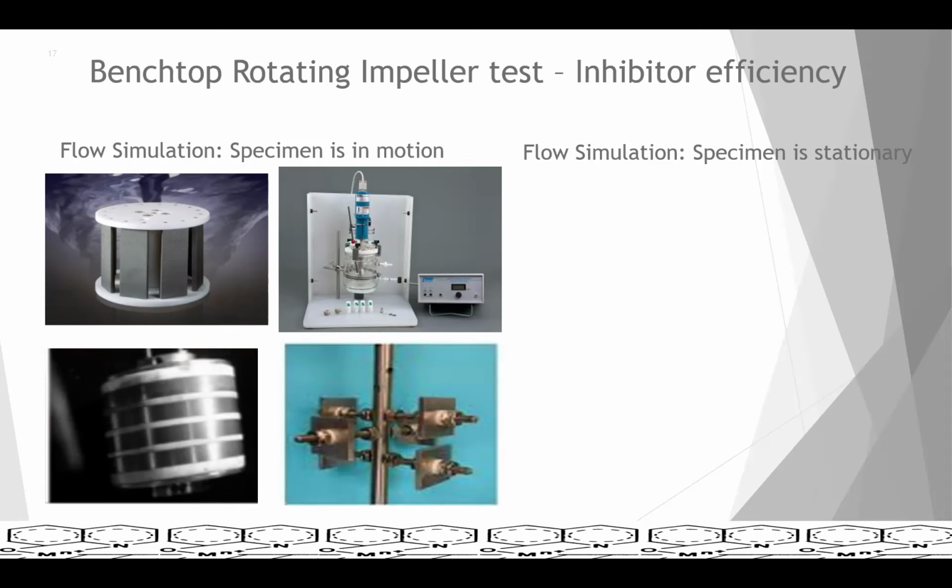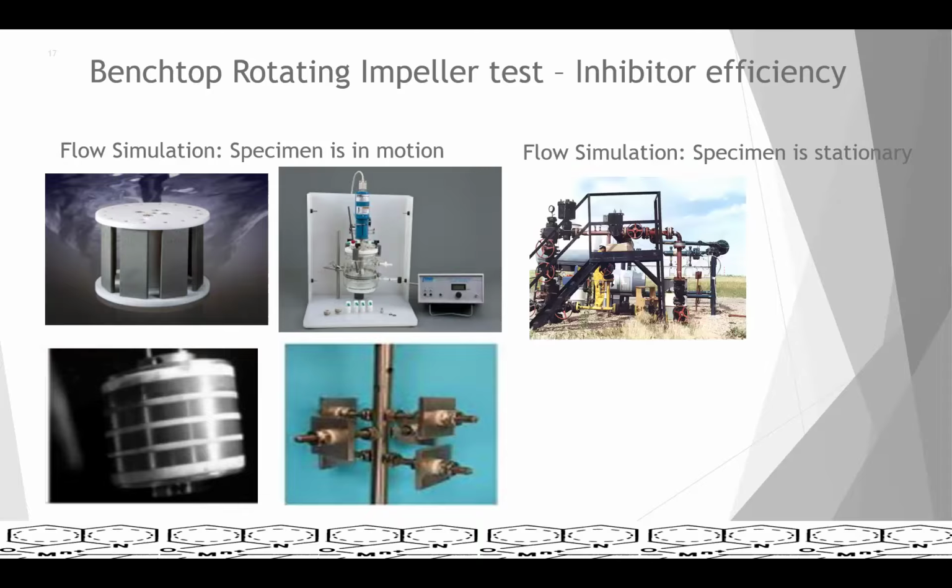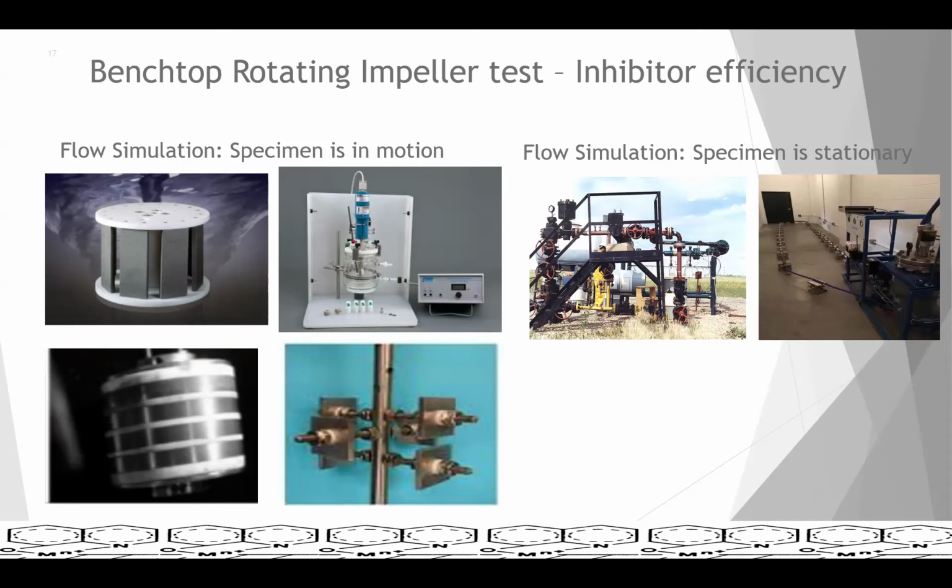And that is their school of thought, which is also appropriate. For example, if you do the field testing, we insert the coupon, the flow happens, but the coupon is stationary. If you do the lab testing, there also we insert the coupon, it is stationary, but the flow happens along the flow loop.